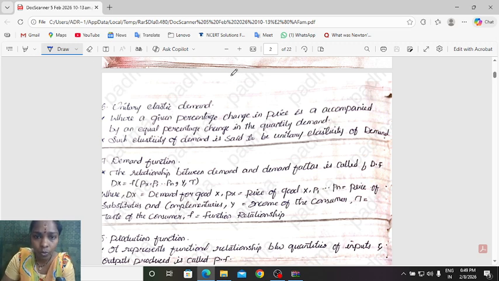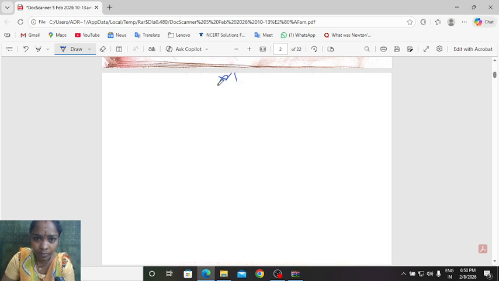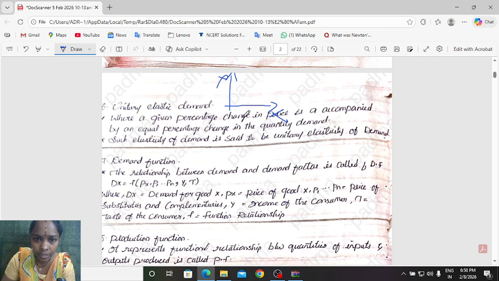Otherwise, you can also draw a diagram. Here, this is an axis. This is called the x-axis, and this is called the y-axis. Here, this is the quantity QD. You can write the quantity demanded, and this is the price curve. Here, you have to draw the two curves like this.